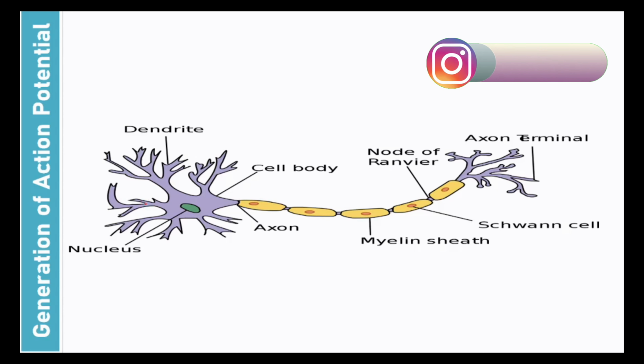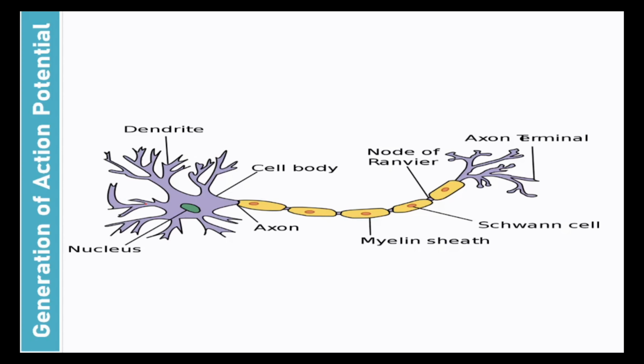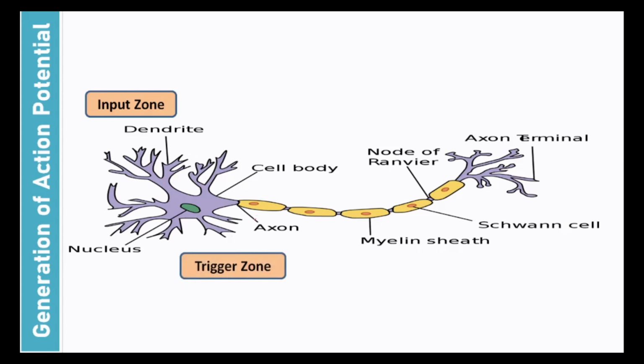If we look at a neuron, because we are talking about the action potential which is transmitted through the neuron, this is the input zone, which receives the incoming signal from other neurons. This is the trigger zone, the axon hillock, where the action potential is initiated.